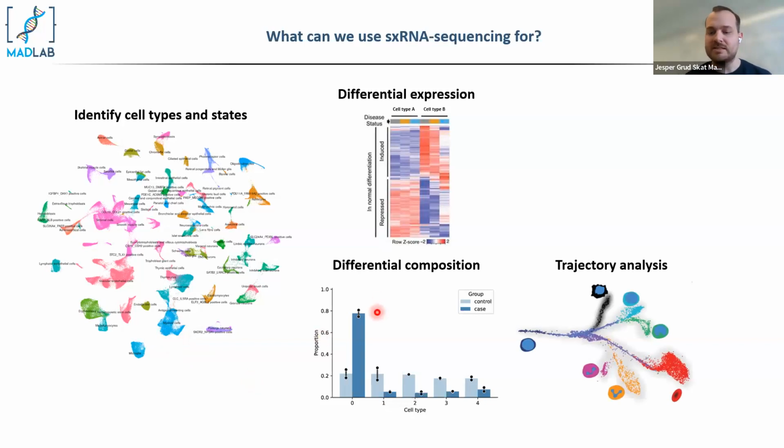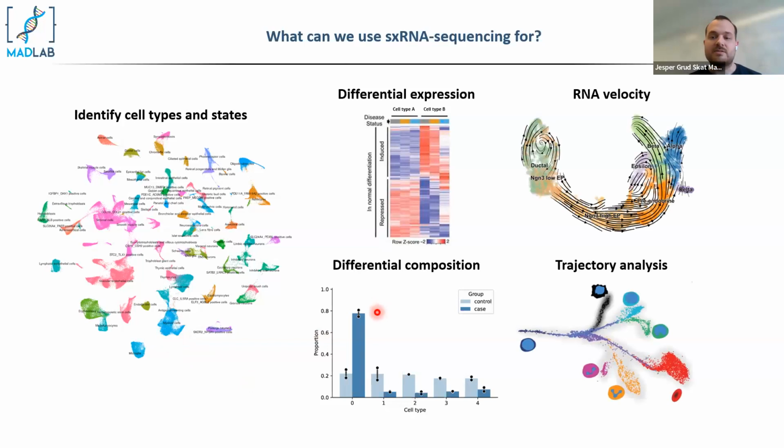And along those lines, we can also use methods such as RNA velocity, which analyzes splice data to estimate future expression levels, and that can give us a vector of direction for individual cells. And there are many other things that we can do with this type of data.